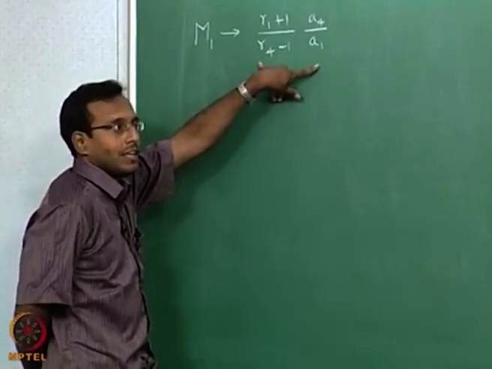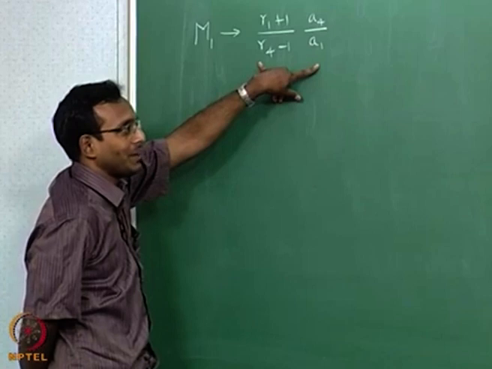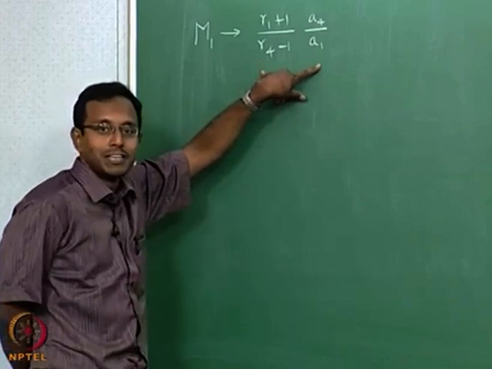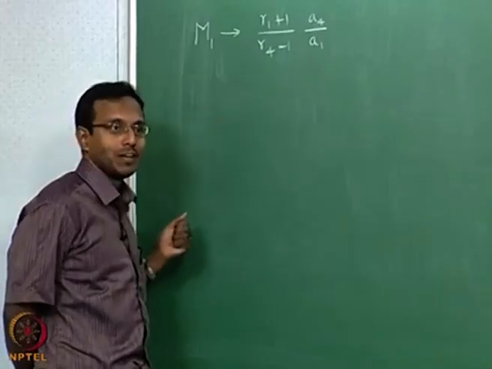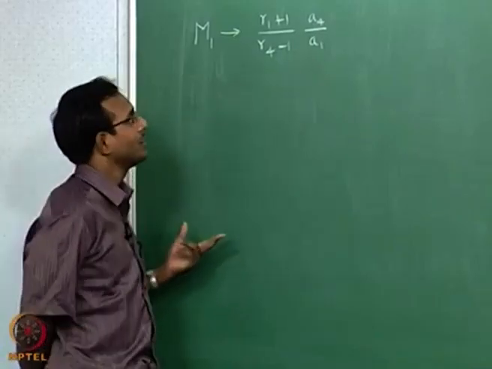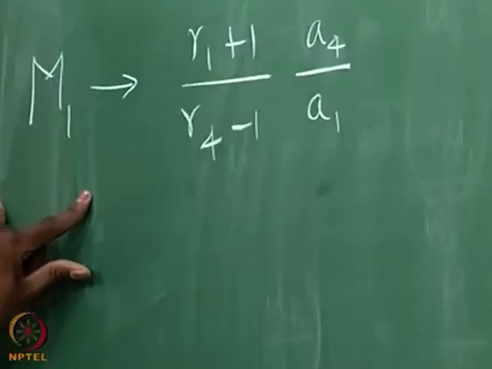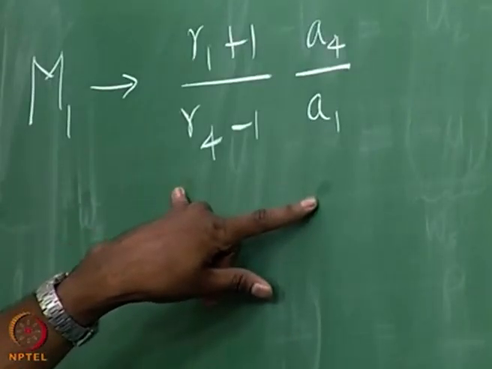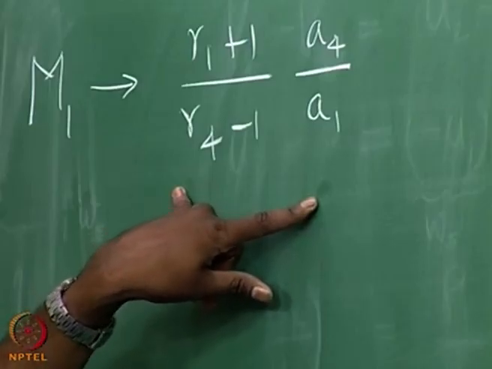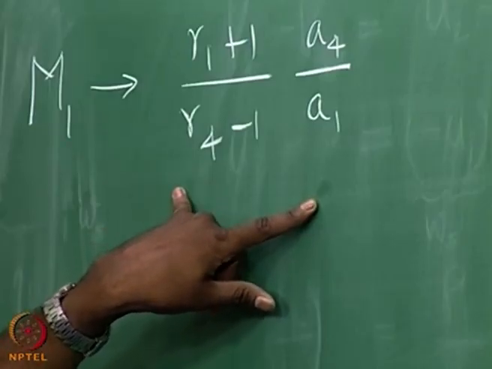Okay. If I want to produce a very high speed U2 or U3, of course you know U2 and U3 are the same, if I want to produce high speed of flow behind the shock, then I want to maximize this M1. If I want to maximize this M1, now I have to think about maximizing this quantity, that is a way of thinking about it. Okay.